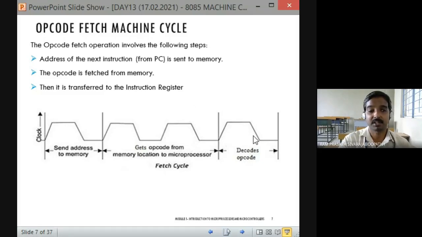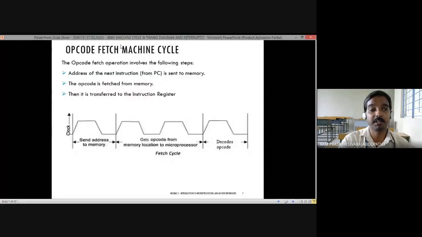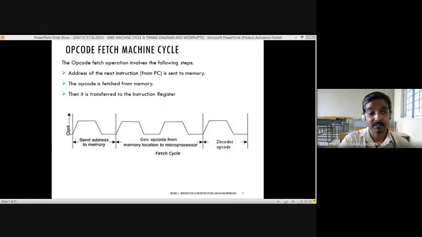Sorry for not mentioning the name of each T state. The first clock pulse is T1. The second one is T2. The third one is T3. The last one is T4. Wait a minute, I will mark it.